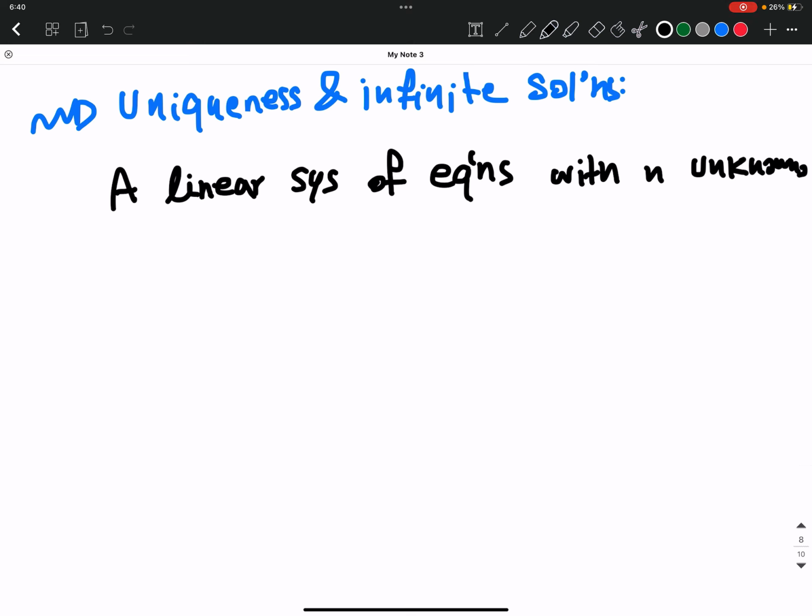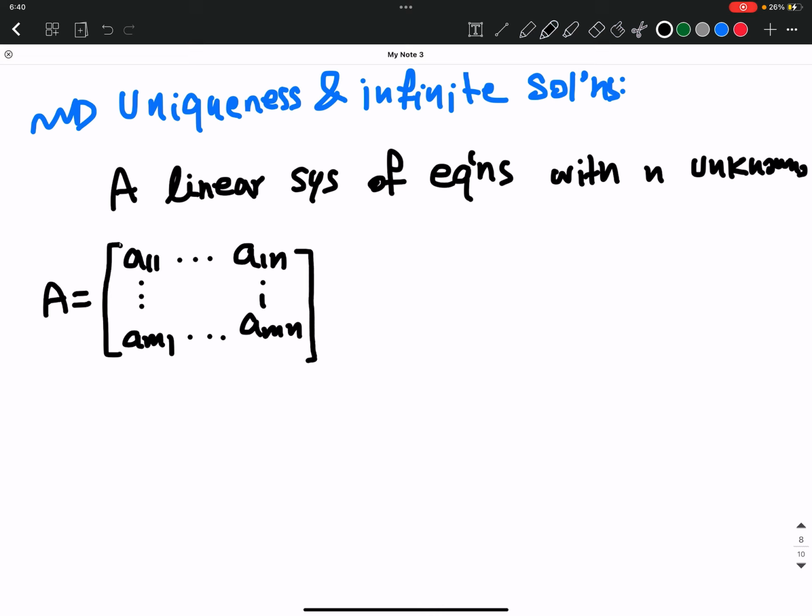We can show it with a coefficient matrix A we had before. So A is A11 to A1n, AM1 to AMN. This we call the coefficient matrix.